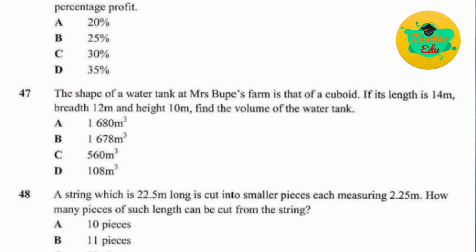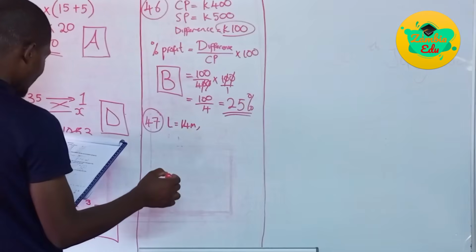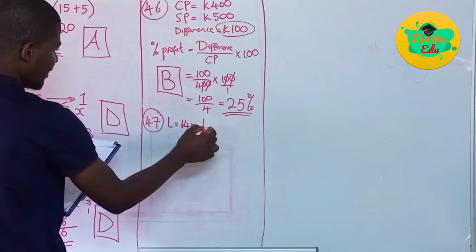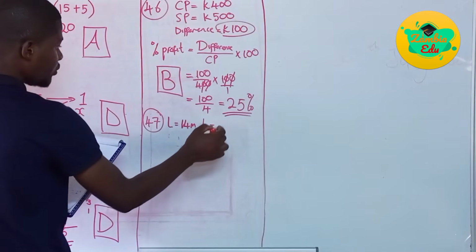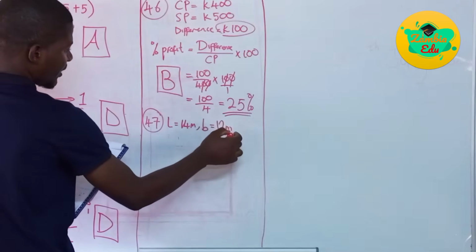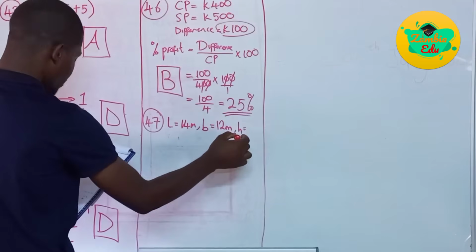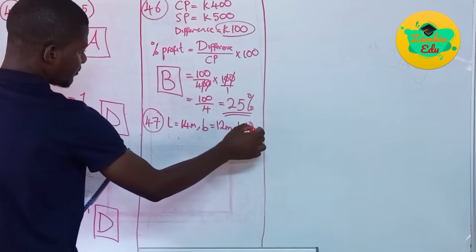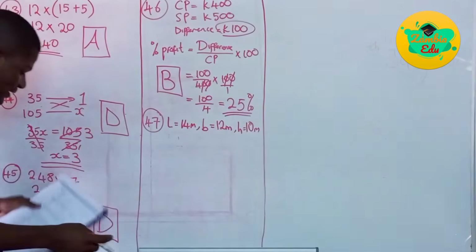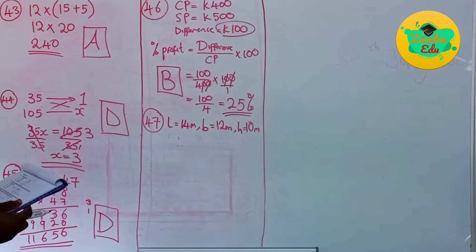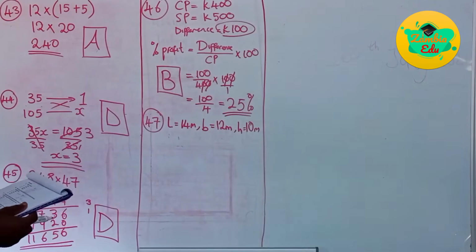If its length is equal to 14 meters, its breadth is equal to 12 meters, and its height is equal to 10 meters, find the volume of the water tank.